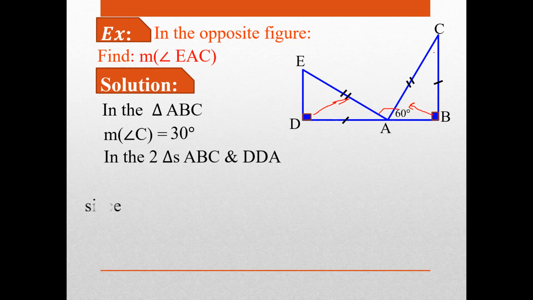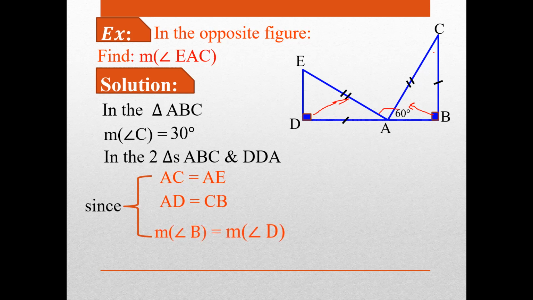And the case of the two congruent triangles will be AC equals AE, and AD equals CB, and the measure of angle B equals the measure of angle D, 90 degrees, a right angle.